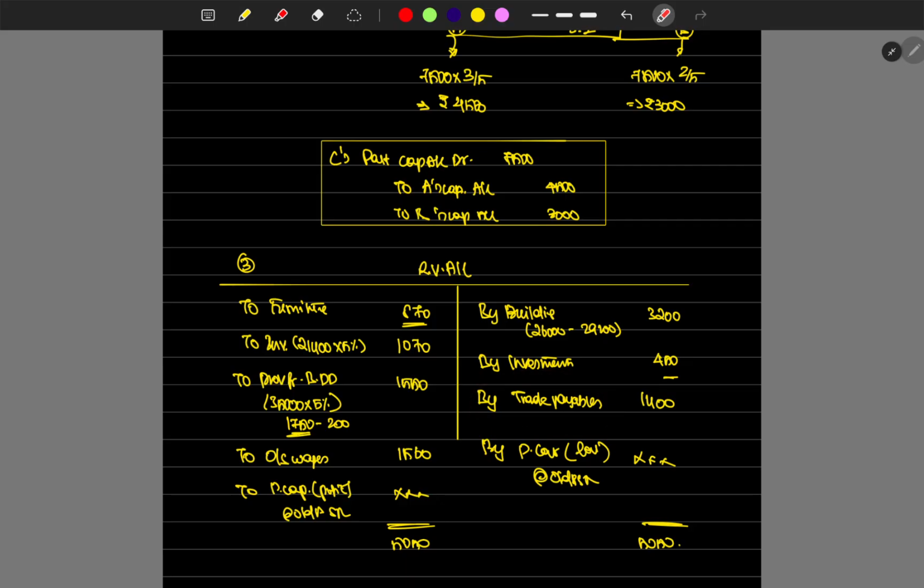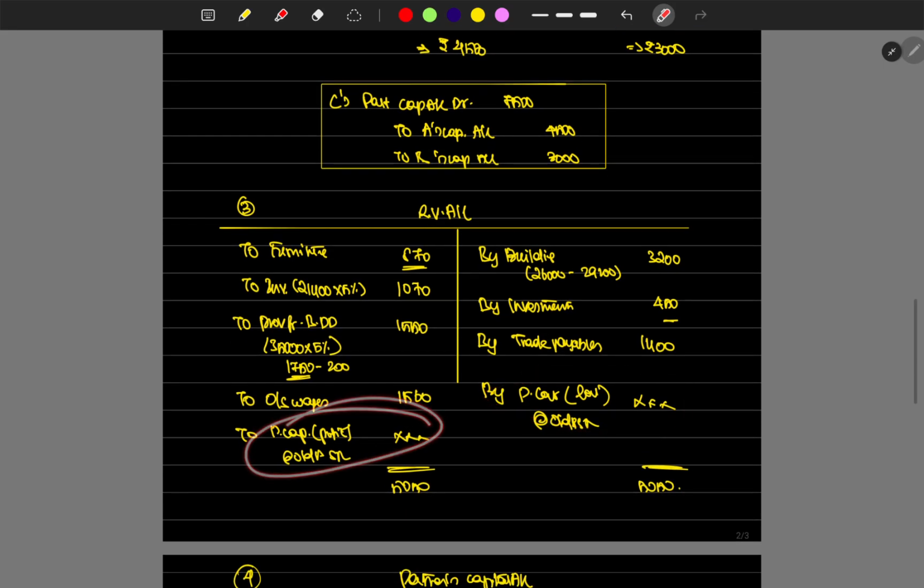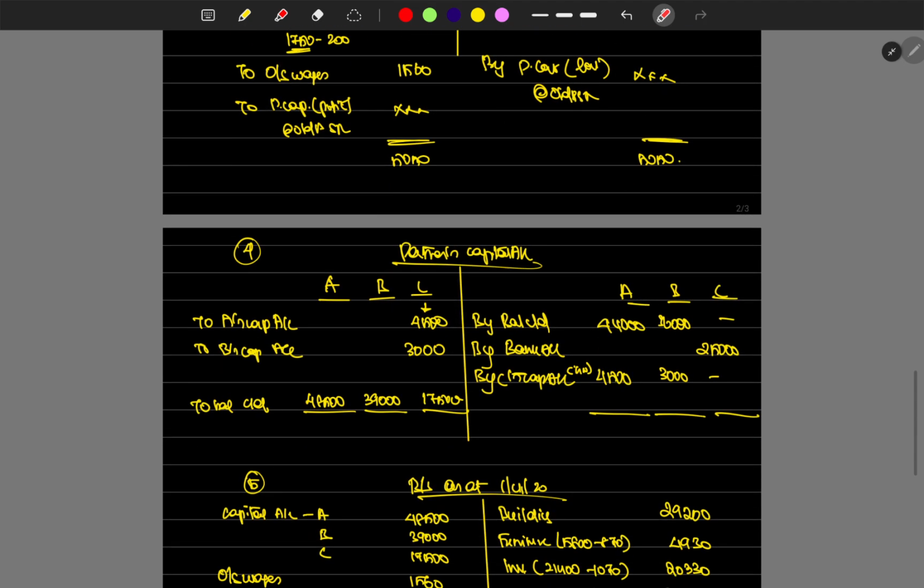If there is any profit or loss while doing the revaluation, that goes to the respective old partners in the old partners' profit sharing ratio, because whatever happens in the business before admitting the new partner has to be shared between the old partners only. If a new partner comes, a new business should start like new. New balance sheet, everything has to be done anew.